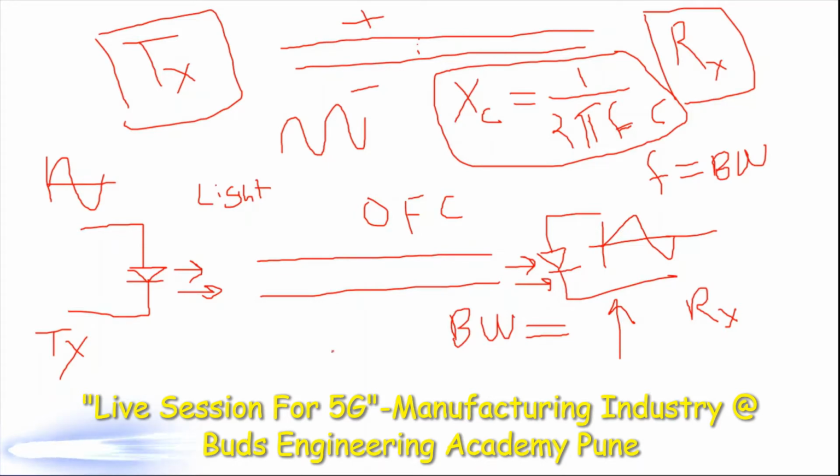So the diameter of the light source is very small, and so instead of transmitting an electrical signal through the wire, we can transmit a light signal through the optical cable. Is it clear now?